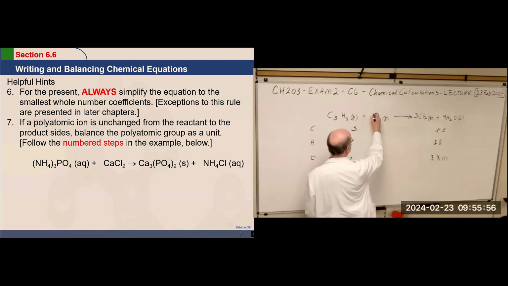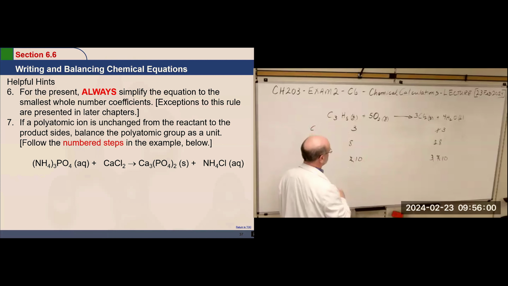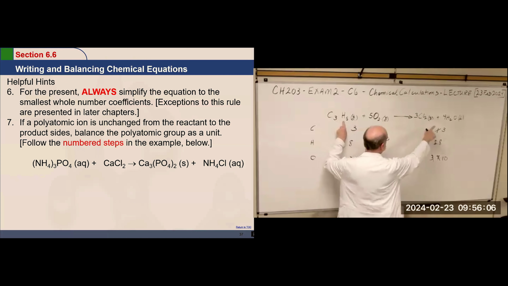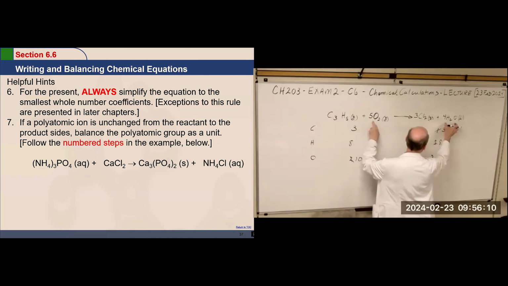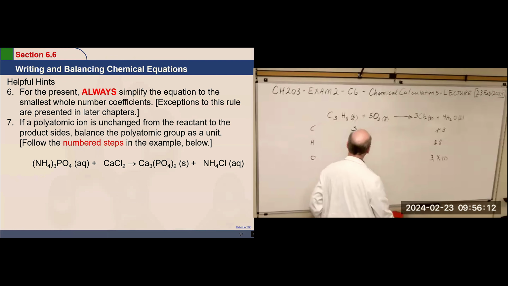So if I put a 5 here, that would be 10. Let me see if that's right. 3 and 3. 8 hydrogens, 8 hydrogens. 10 oxygens. 6 plus 4 is 10. Yeah, that's right.